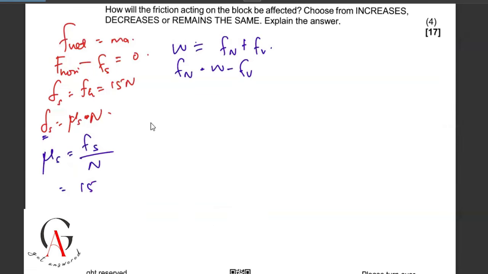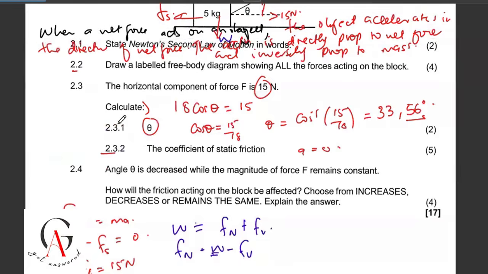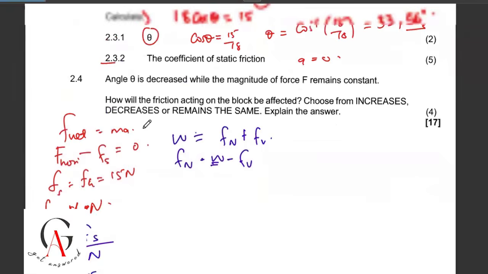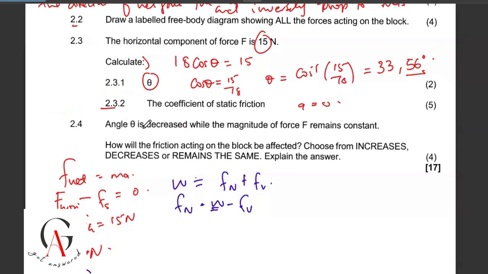So 15 over the weight. We know that the weight is 5 multiplied by 9.8, and then I'm subtracting, which is 120. No, it's not 120. It's 18 sine of 33.56. So that's what I'm getting.